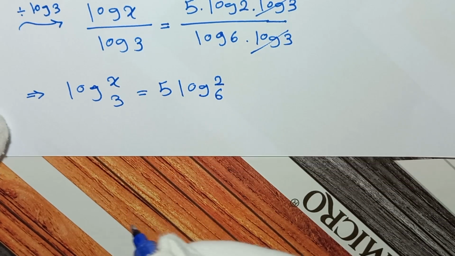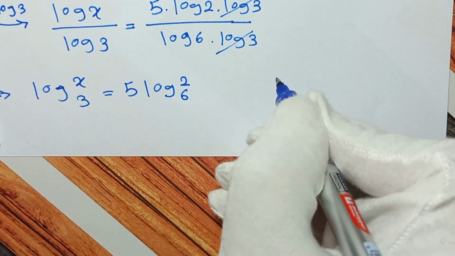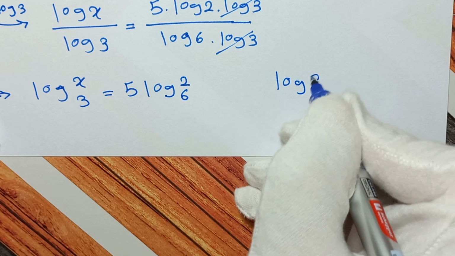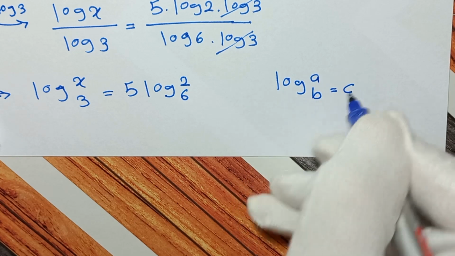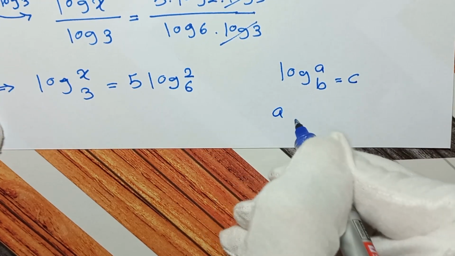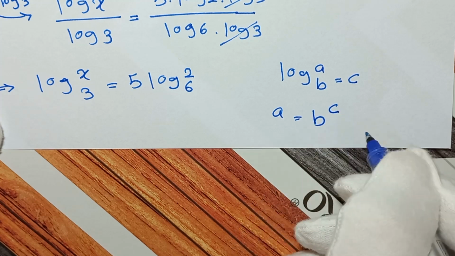In the next step, from log rules, if we have log a to base b is equal to c, then a is equal to b to the power of c.